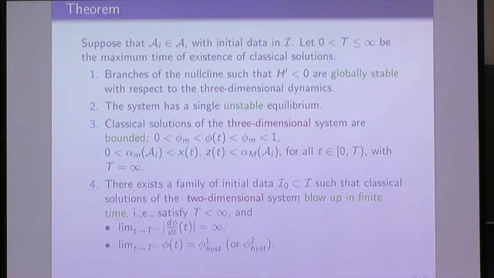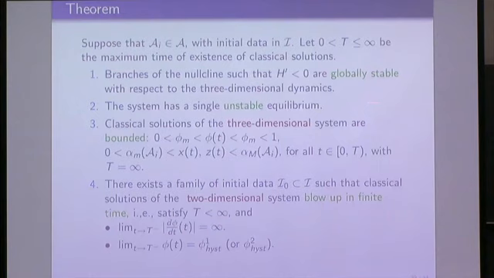And the null line is this manifold, the slow manifold. So branches of the null line such that H prime is negative, in other words the monotonically decreasing branches, are globally stable with respect to the three-dimensional dynamics.